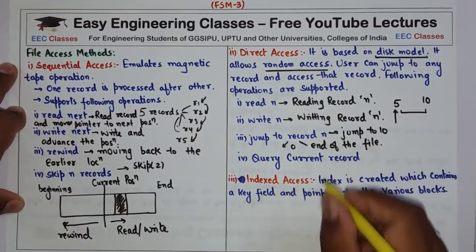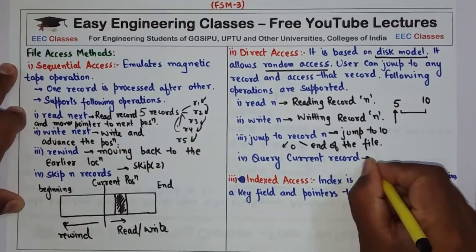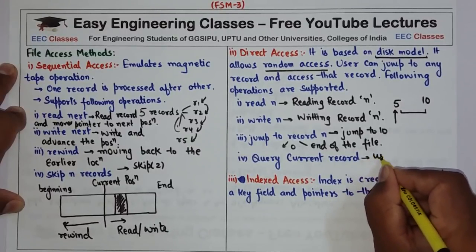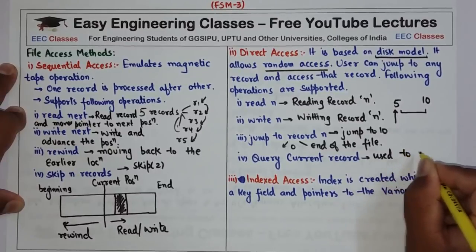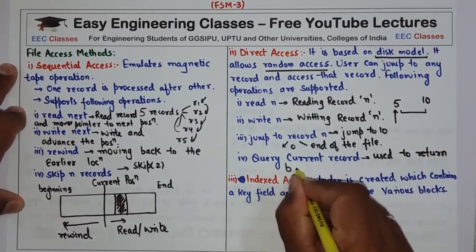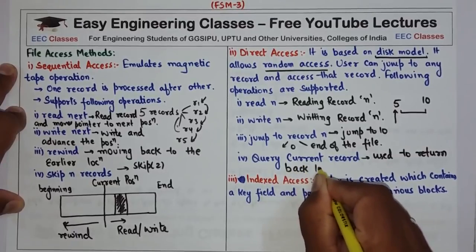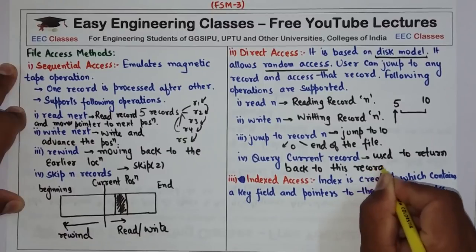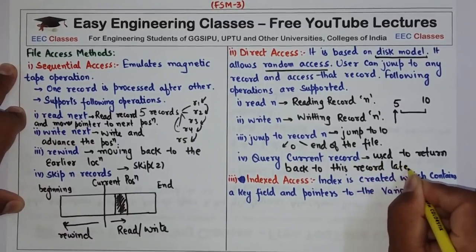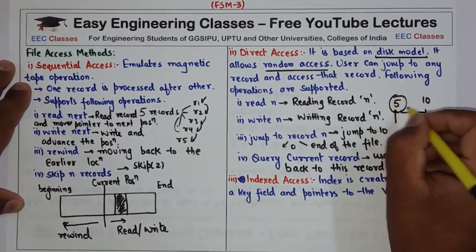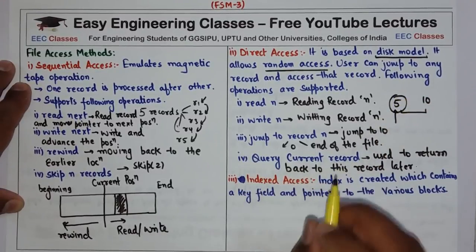Then we have query current record. It is used to return back to this record later. Now for example, user is at record number 5 and at this record user issues query current record.